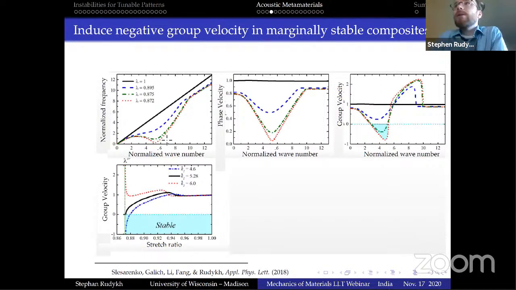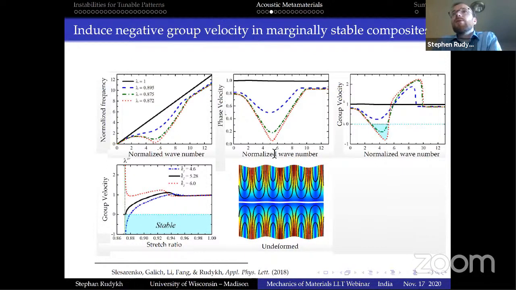Geometrically we didn't change much; we didn't exert buckling. But near the instability, the material starts to feel that at certain wavelengths, with certain wave numbers, something funny will be developing. There will be soft modes, and that manifests in the appearance of this negative group velocity.